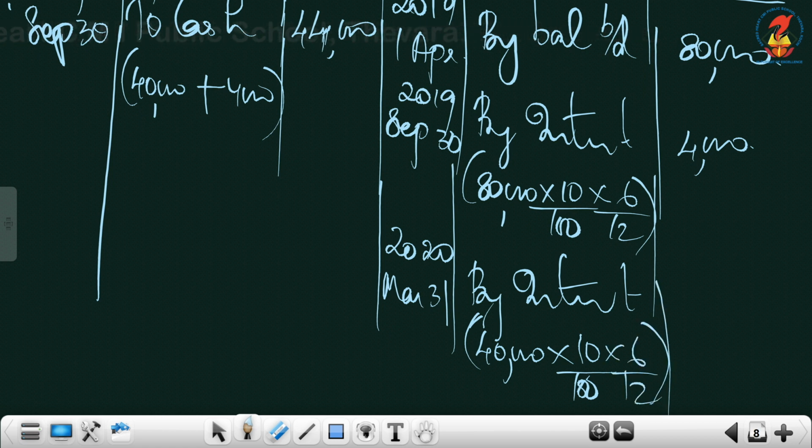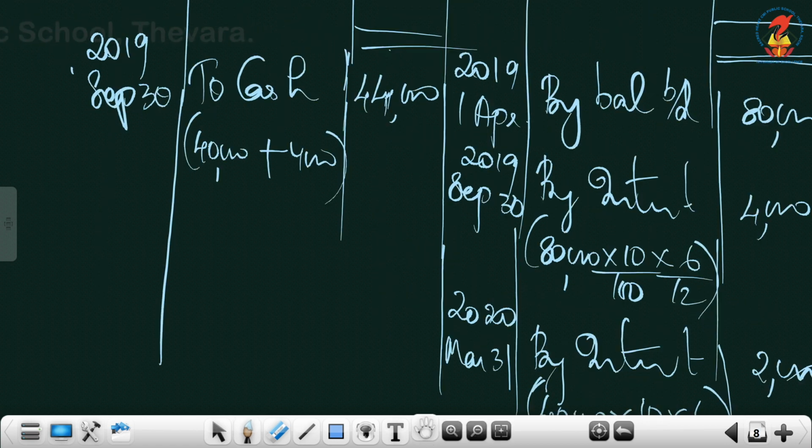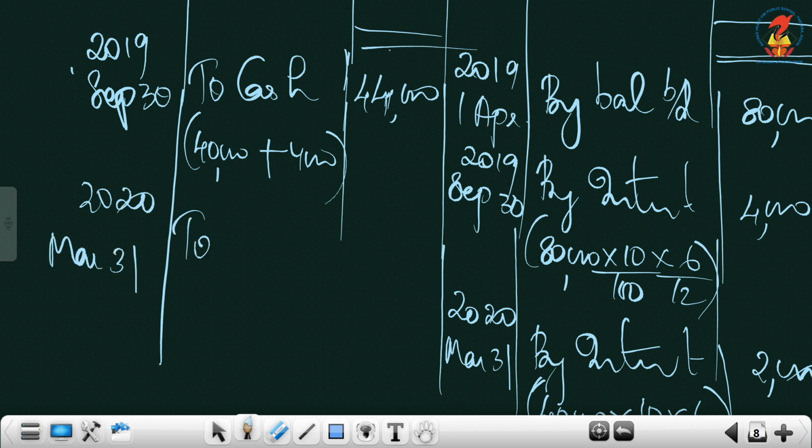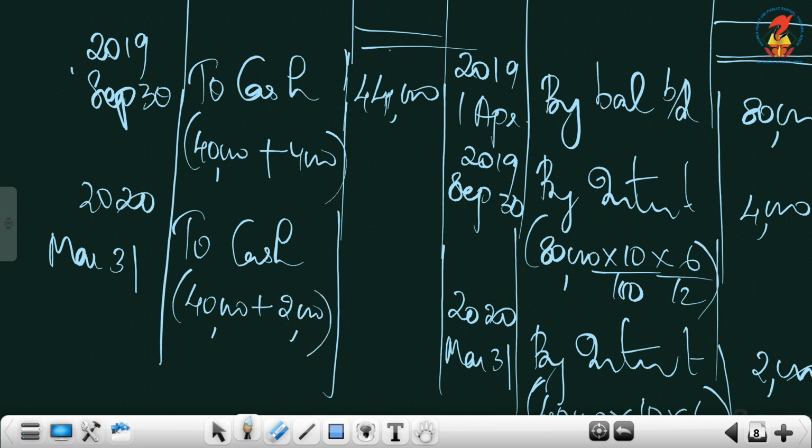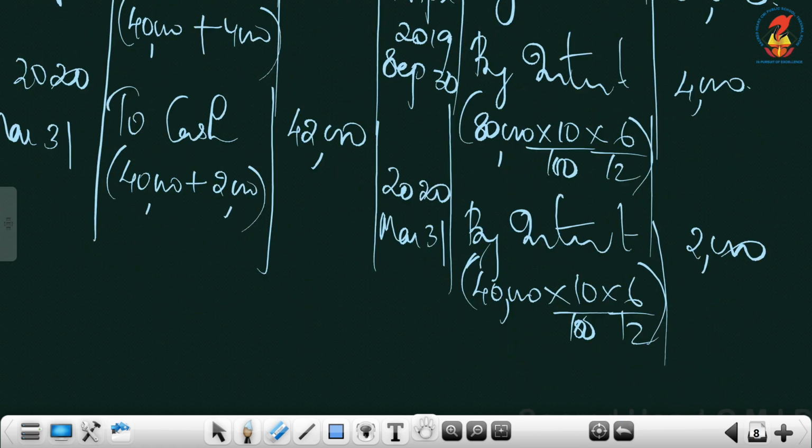So that is half of 4,000, which is 2,000. Now we can make the payment on the same date 2020 March 31st to cash. How much will you pay? 40,000 your principal plus 2,000. So it is 42,000.